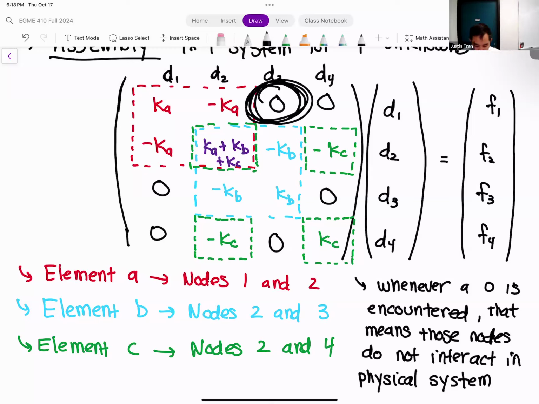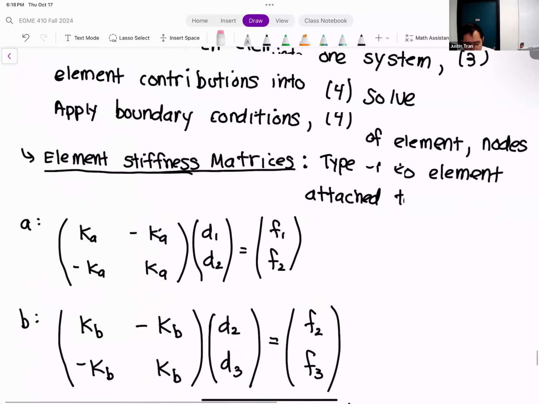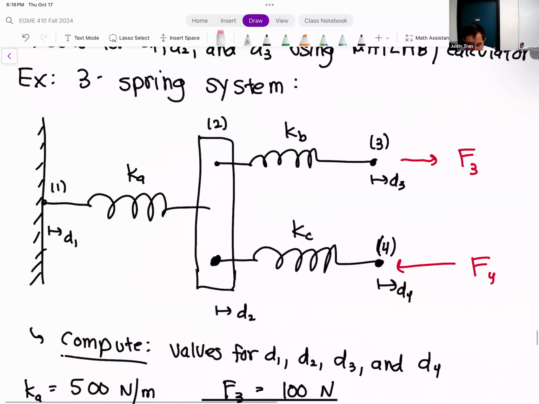Okay. And if we look and see where our zeros are, we have quite a few. You can see that we have zeros between node 1 and node 3. So we go back up to our figure and look at where nodes 1 and 3 are located. Node 1 is next to the wall right here, and node 3 is all the way on the right side where the force is being applied.